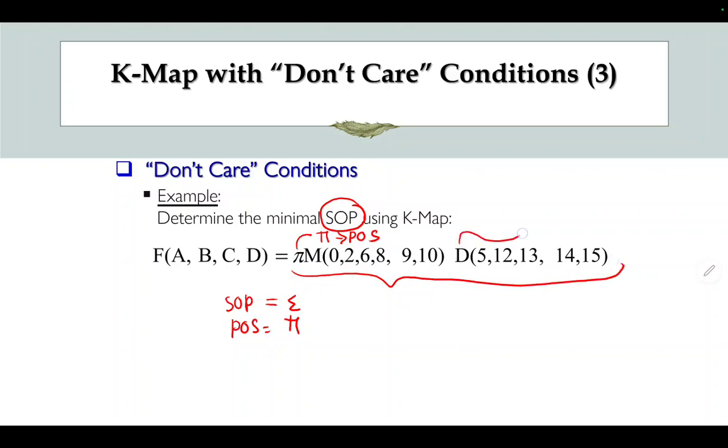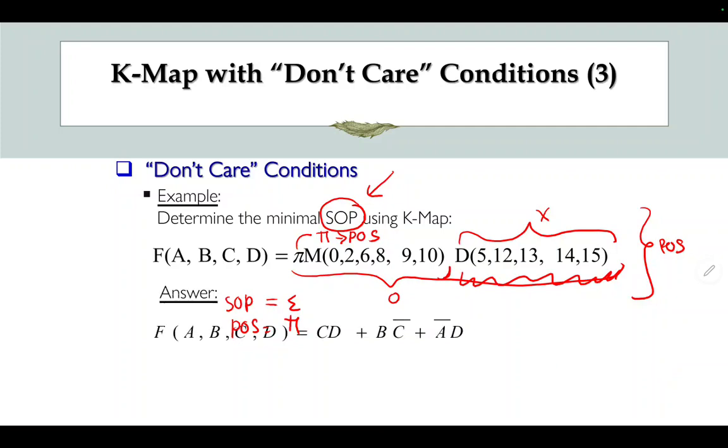This one is X, this one is 0, and then 0 until here. So all of this is POS, and the equation here is SOP. You need to get the final number after you do the equation in SOP.